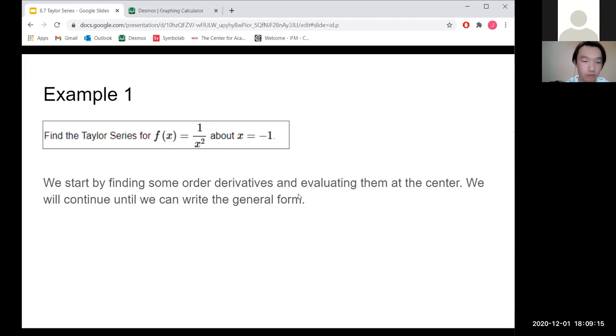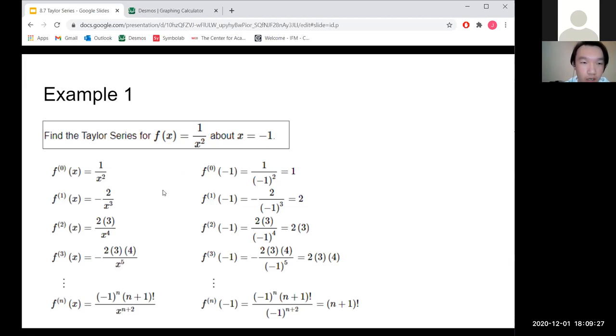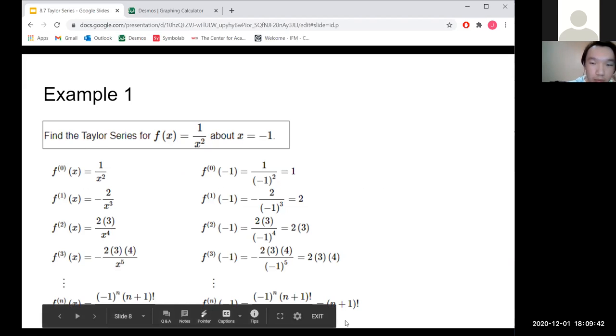So just a recap of the question we just did. We had to find a Taylor series for 1 over x squared about the center of -1. What we did was we found the derivatives, and then we found a pattern for the derivatives. As we find more and more derivatives, we try to figure out what's the pattern going on here, and then we find the general form of the derivative, which is what's on the bottom there.